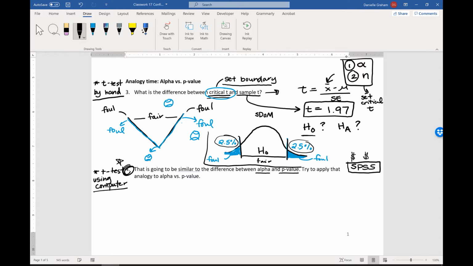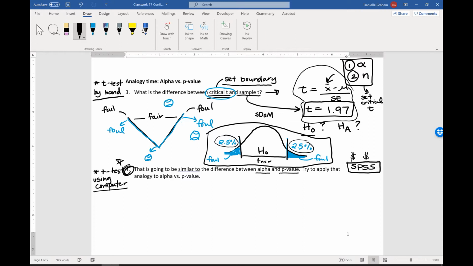Sorry, I know this is getting really crowded. But this gets set ahead of time. This is like our baseball diamond, all set up, ready to play. And then we hit the ball. We hit the ball by calculating, okay, we have a real sample that we collect.